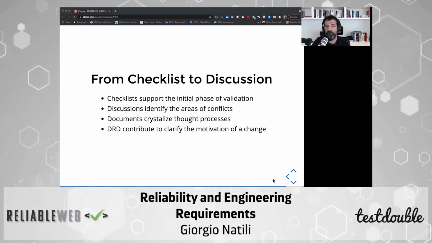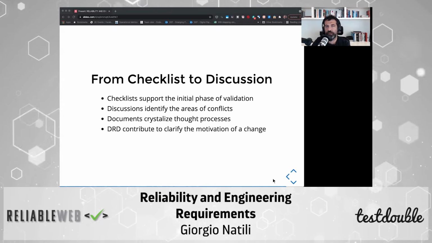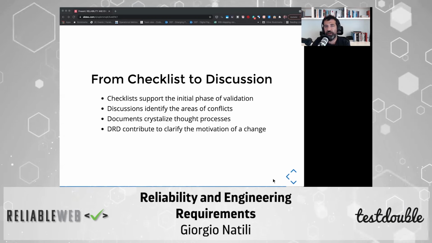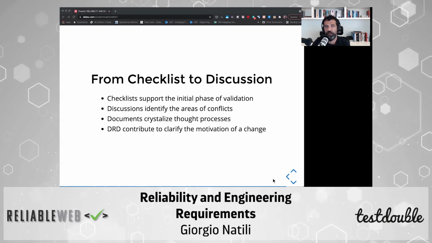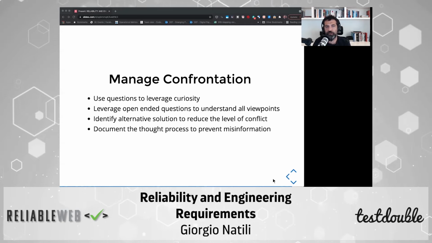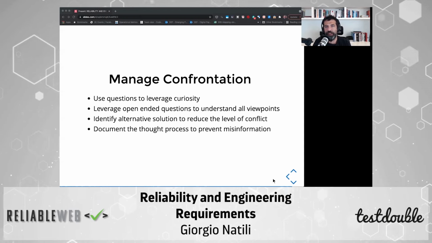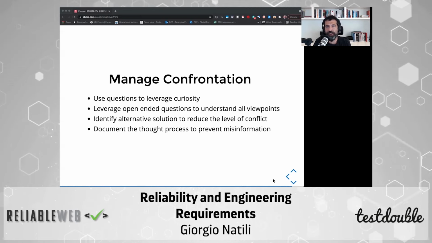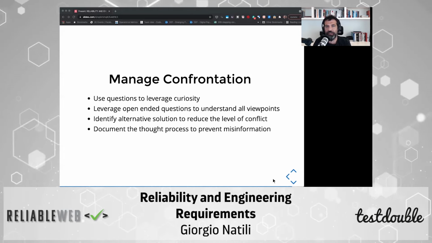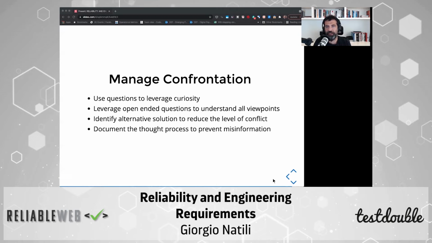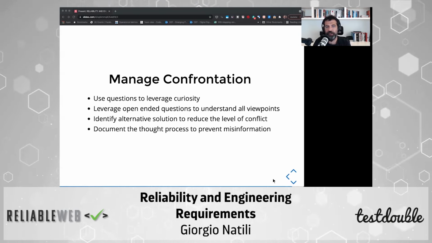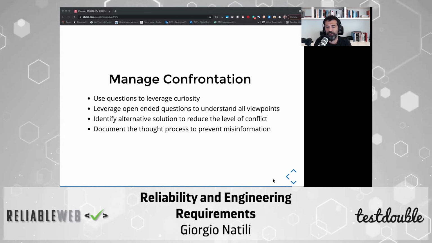We learned also how decision record documents contribute to clarify the motivation of a change and why they are important. We discussed how to manage confrontation, leveraging questions, triggering curiosity, leveraging open-ended questions to understand the depth of a thought around a specific requirement. Identify alternative solutions as a tool to mitigate any of the conflicts that are around your systems and your requirements. Document the thought process to prevent misinformation.